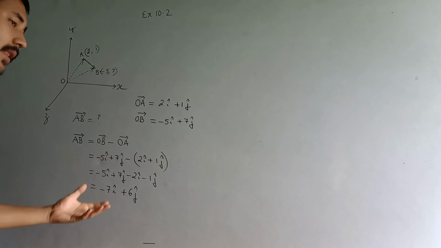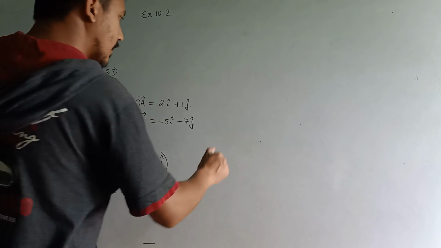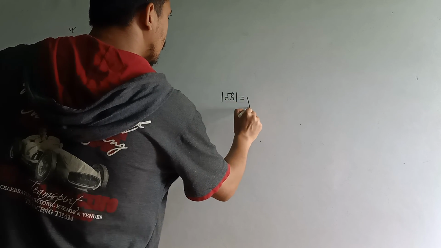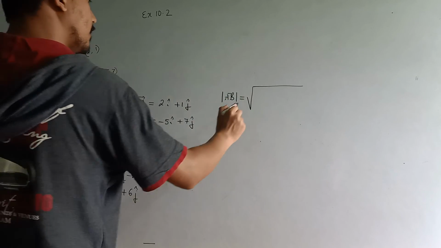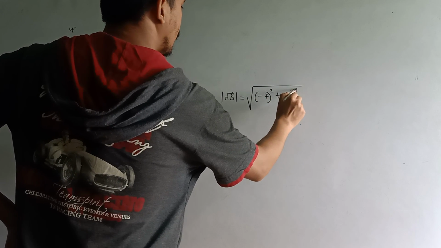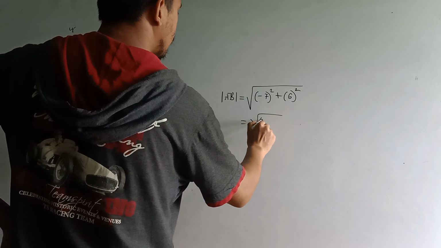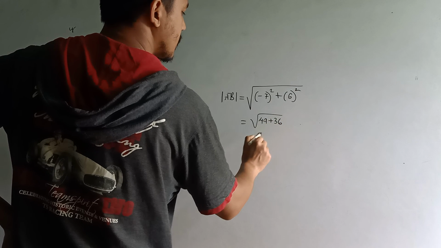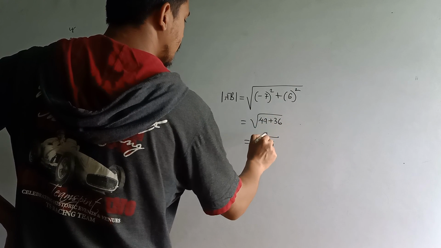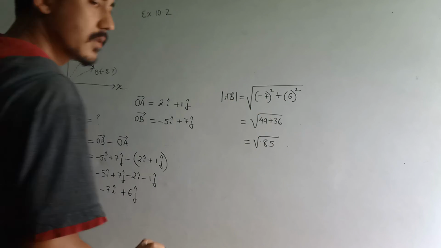We need to find its scalar also, which means the magnitude. So the magnitude of AB will be the square root of x component squared plus y component squared. That is the square root of 49 plus 36, right? That is the square root of 85 units. Alright?